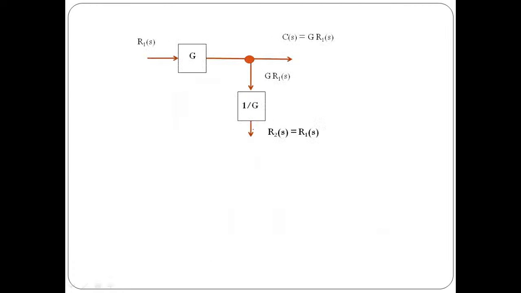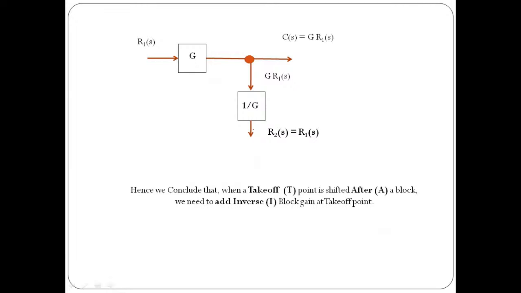So finally we conclude that whenever we are going to shift a takeoff point after a block, we need to add inverse block gain. I hope this point is clear to everyone. It is very, very important. See, if you apply that logic, output will remain the same.